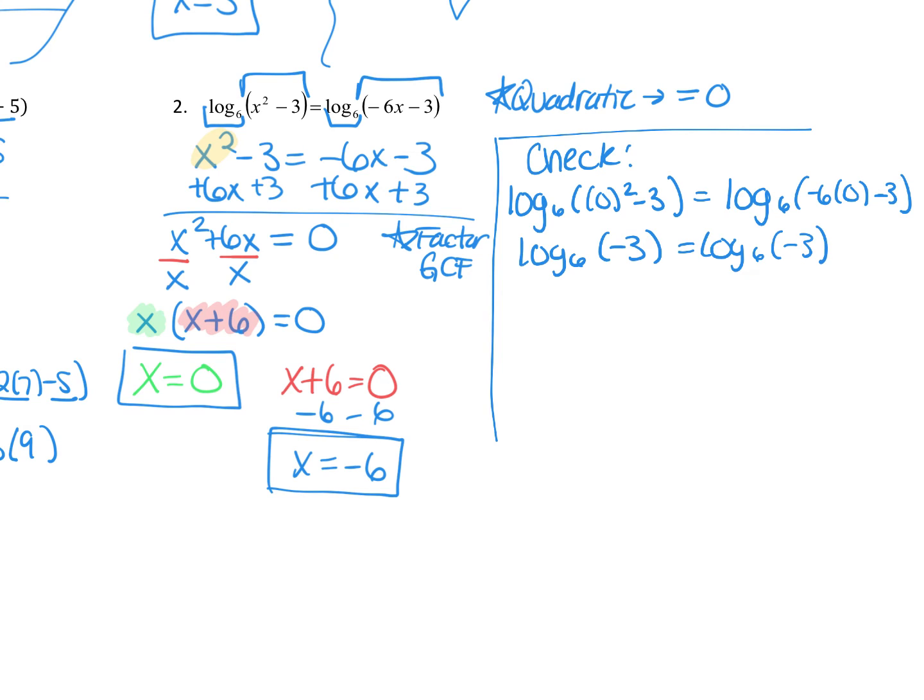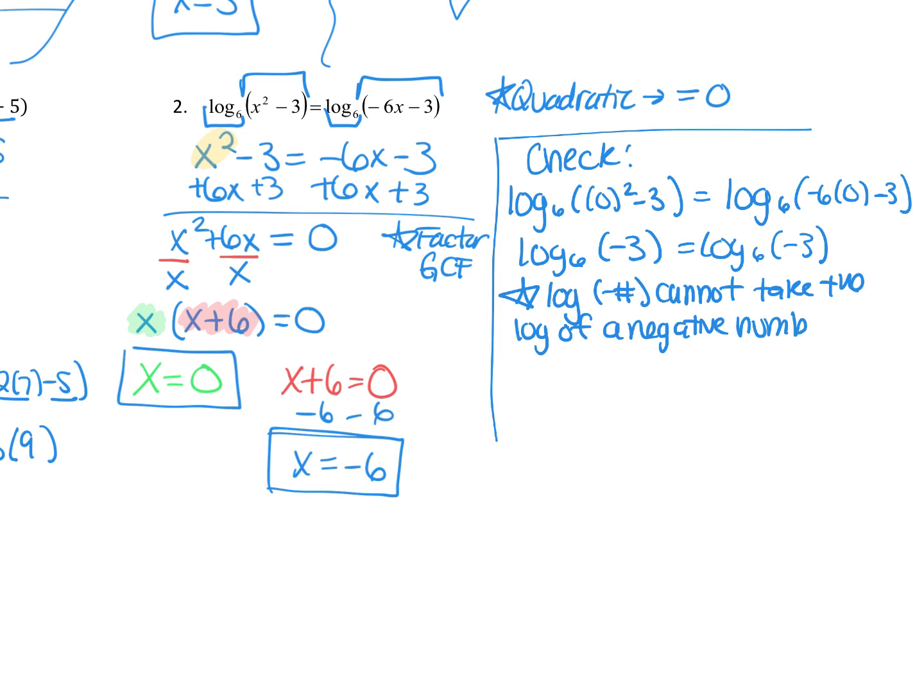So this appears as if it would work, but a log can never have a negative number on the inside. You cannot take the log of a negative number. And so since the inside here became negative, that means 0 is actually not a solution in this situation.